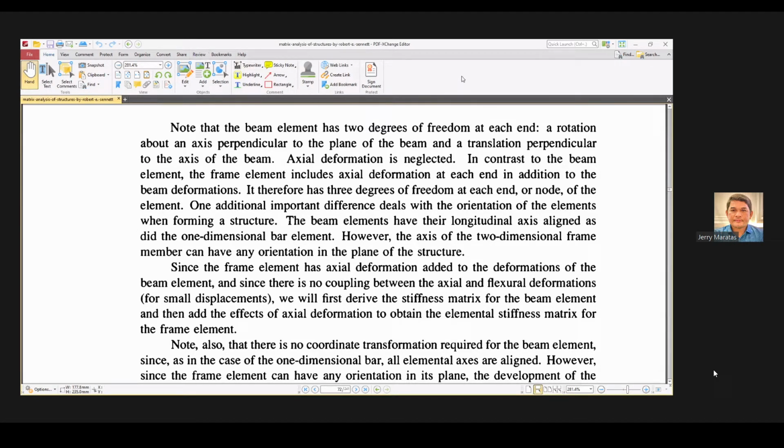Okay, so for example, this is your beam element. Okay, so let's say this one fixed at one end and a pin at one end. So this is a prop beam, right?